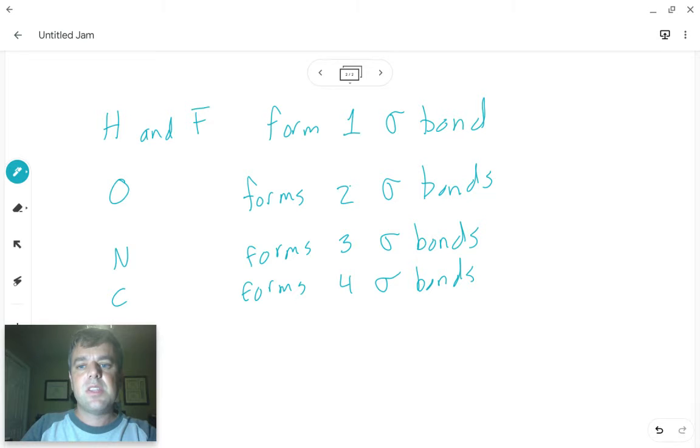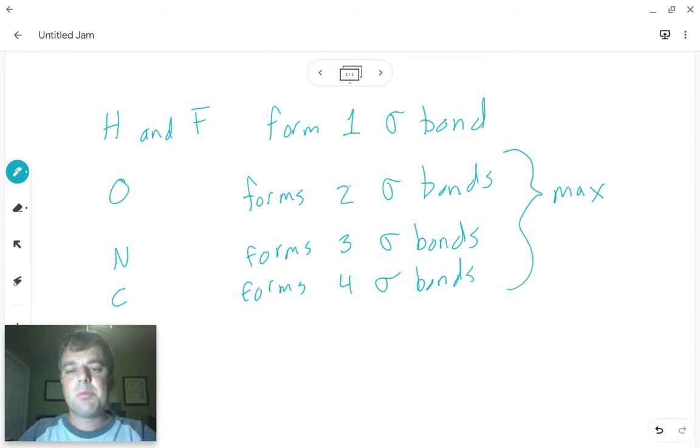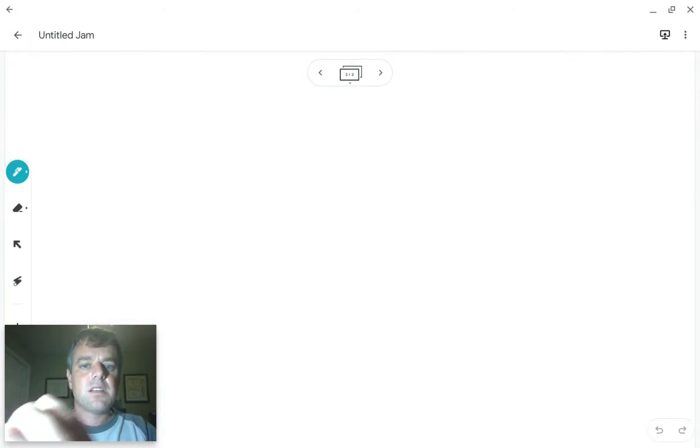Now, these are the max they can do. They can form fewer, like oxygen can form one sigma bond or two sigma bonds, but it cannot bond with three different things. Nitrogen can bond with three different things as a sigma bond, but it will not bond with four different atoms. And carbon can bond with four, but obviously, since it can't violate the octet rule, it can't go beyond that. Which leads us into a couple of things.